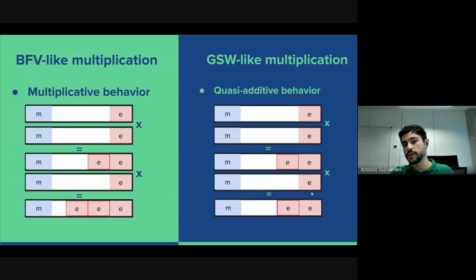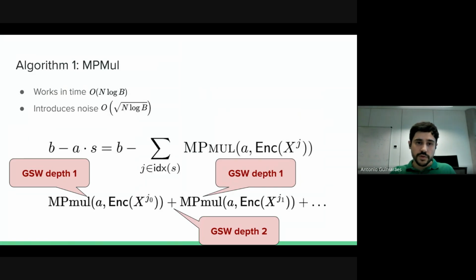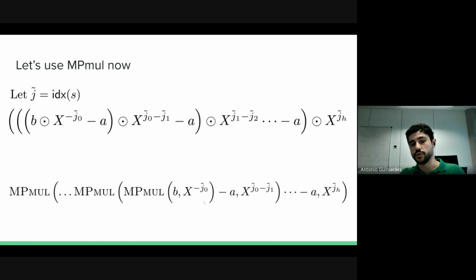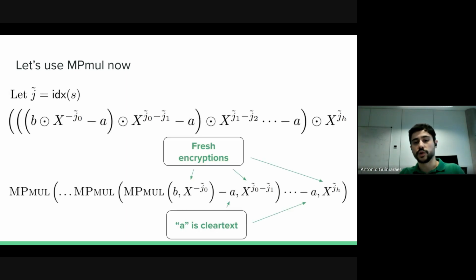Just to remember, whenever we are doing GSW multiplications, we want this asymmetric behavior. To solve this, we propose to change that equation, so this sparse polynomial multiplication equation, to this one in the bottom. What we are doing here is really just rewriting the top equation, such that now every multiplication is on one side. So when we write this using MP-move, you will not have the addition between two MP-moves anymore.